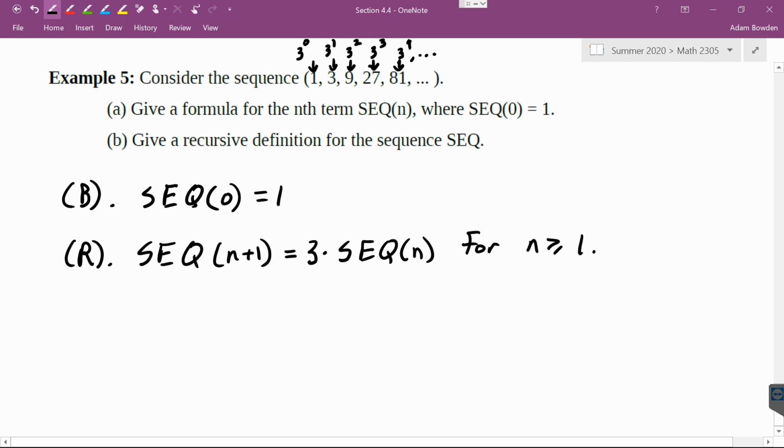That's the same thing as just saying 3 times the previous number calculated. So we'd start with 1, then we get 3, and then 3 times 3, 9. 9 times 3, 27, 27 times 3, 81, and so forth.